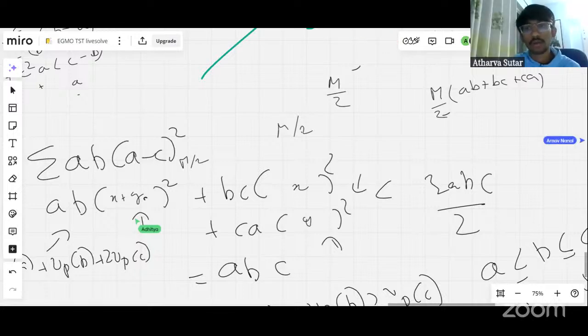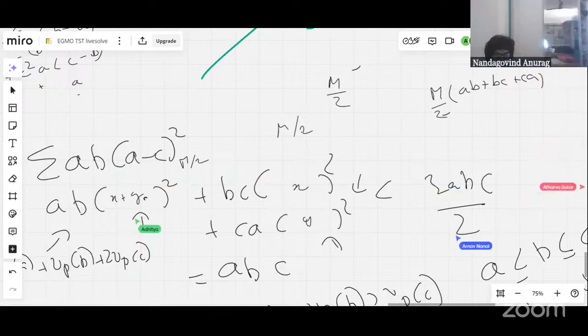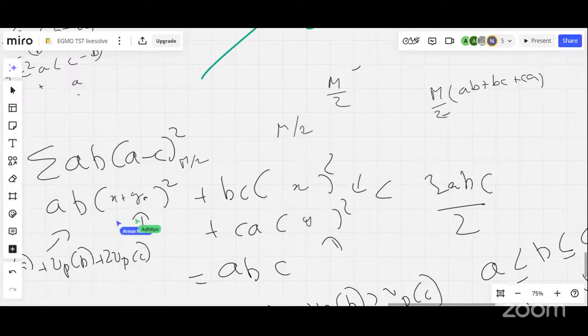Like a minus c, whatever. X plus y whole square is less than this. Do you think we should consider some other expression?